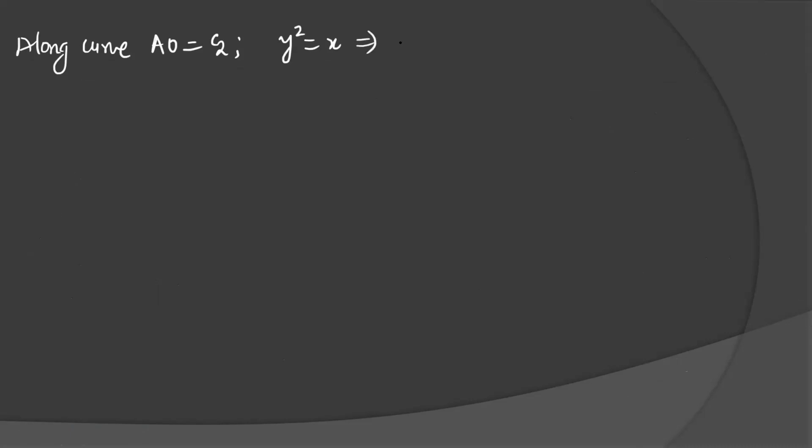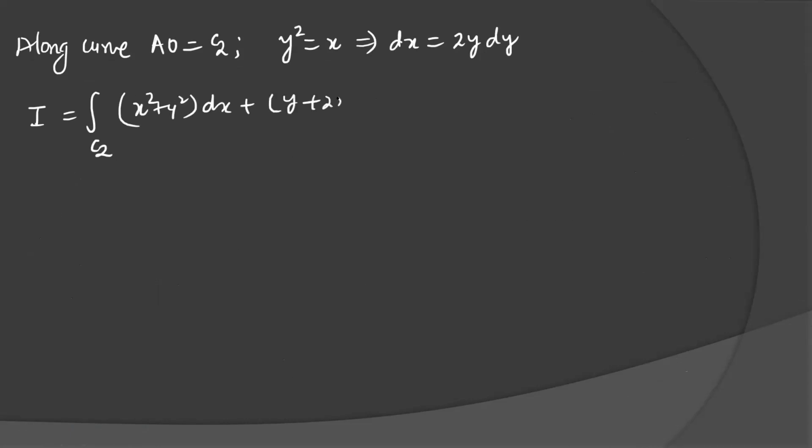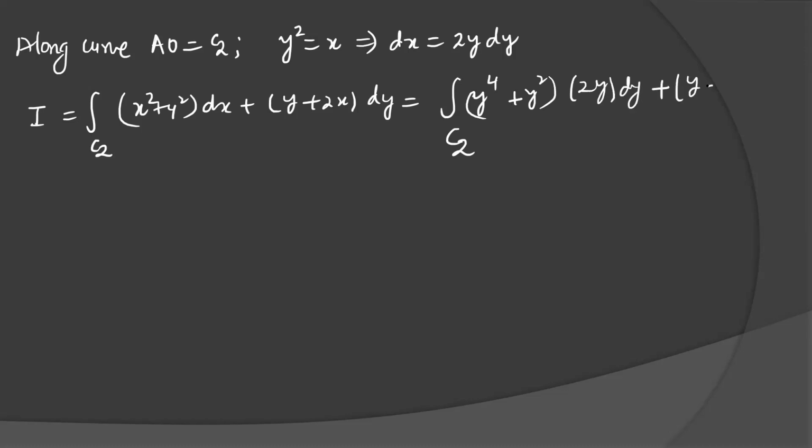So your dx will be easy here. dx will be 2y dy. Your integration along C2 is (x square plus y square) dx plus (y plus 2x) dy. You have single integration, so you have to change in one variable. So change in y. So x square will be y to the power 4 plus y square. dx will be 2y dy, plus (y plus 2x), it means 2y square dy.